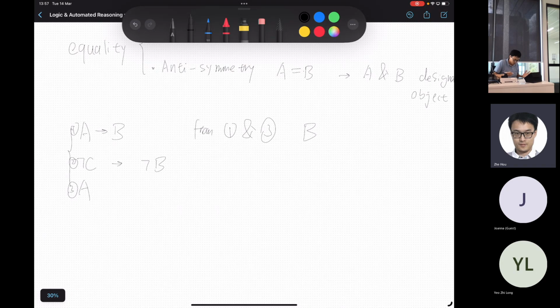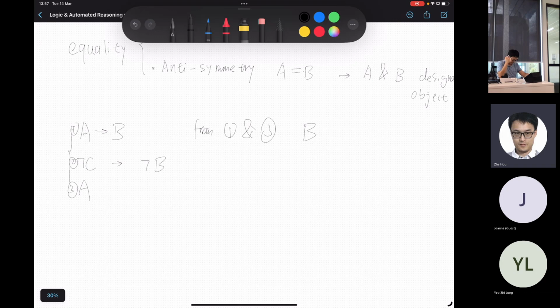And from B is true, what else can we derive? The interesting thing is not C implies not B. I'm going to use a technique, proof by assuming the wrong assumption.